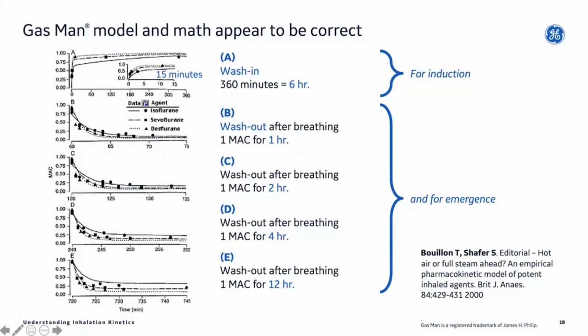At the end of an anesthetic of duration of a minute, of an hour and a half, or 2 hours, or these various lengths of time, what we see at the end of those durations of anesthesia, Gassman again predicts the end-tidal level over time during emergence.